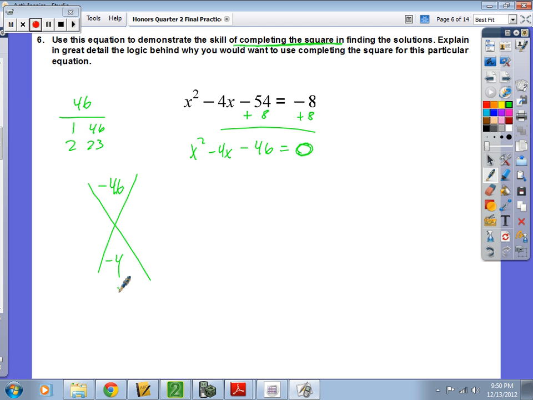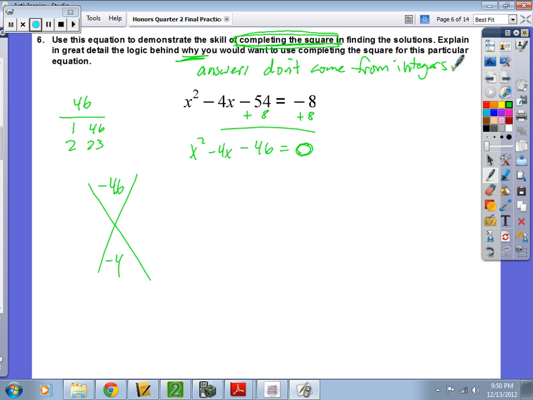I'm going to use completing the square. Completing the square is useful. Why? Because my answers don't come from the integers. So they're going to come from another set of numbers.